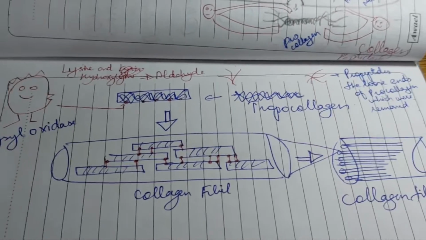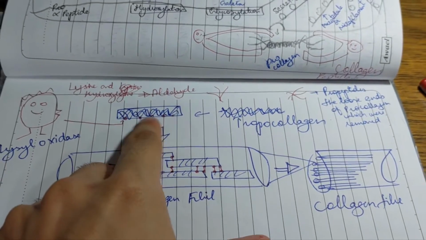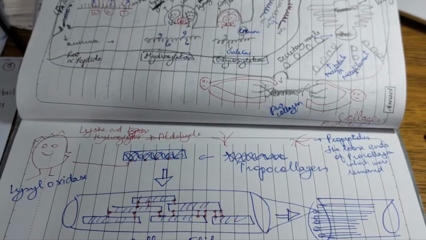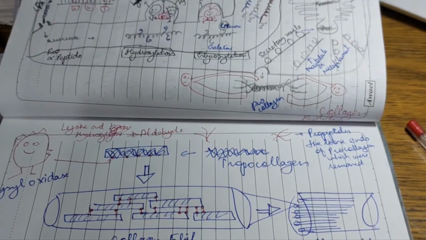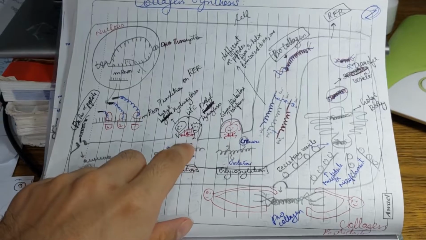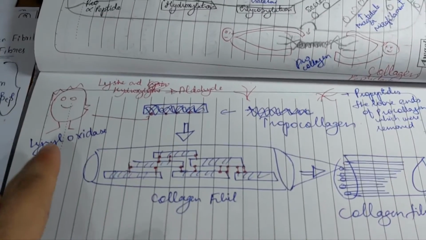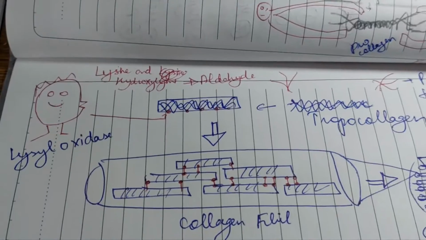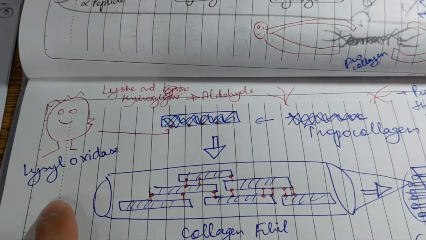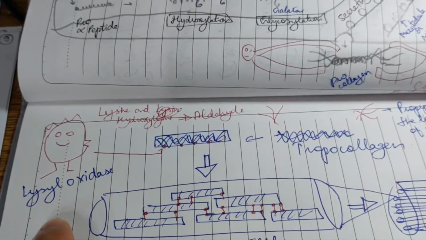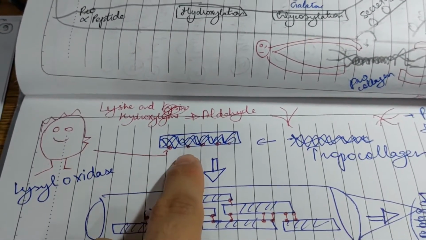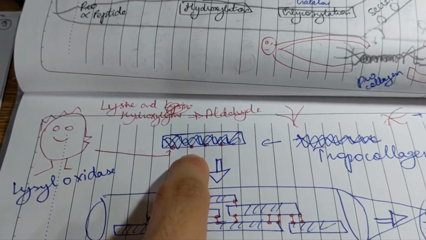Now many tropocollagens, which from now on we will represent like this, start to come close by, and they are fixed together tightly with the help of the hydroxylation bond which we had formed during the intracellular part of collagen synthesis. Not only this, there is an enzyme called lysyl oxidase, a copper dependent enzyme, which works on lysine and hydroxylysine of tropocollagen and converts them to aldehydes.